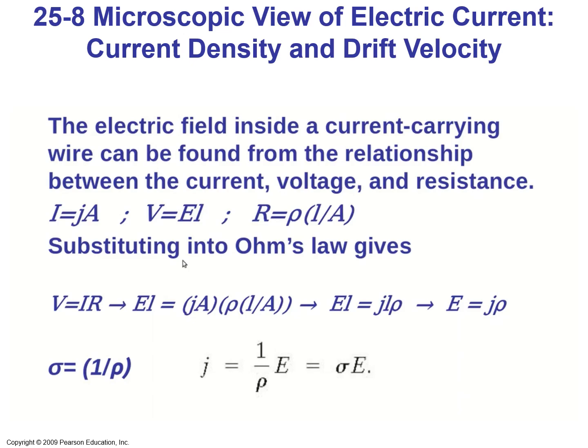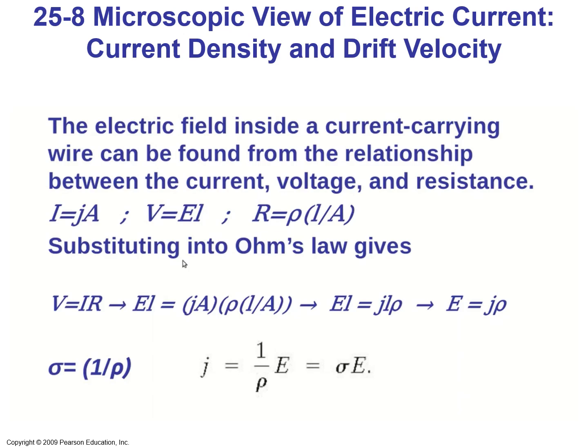So on the left we have EL equals JA multiplied by rho L divided by A, which is equal to EL equals J L rho, and the L's will cancel out. We will have E equals J rho.